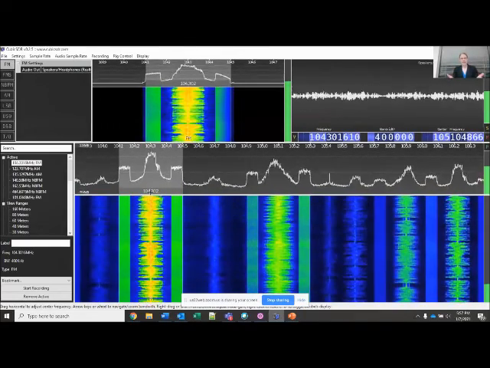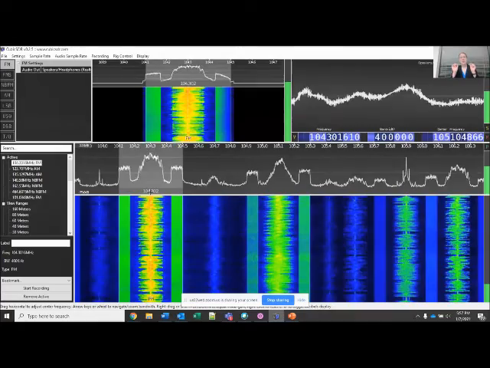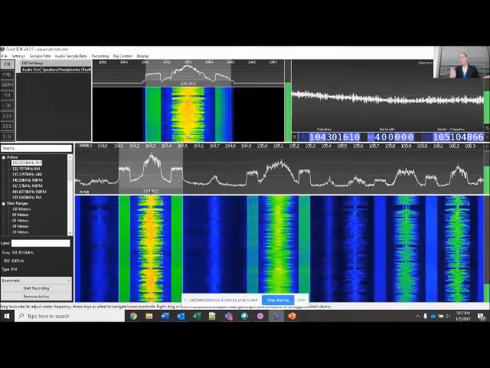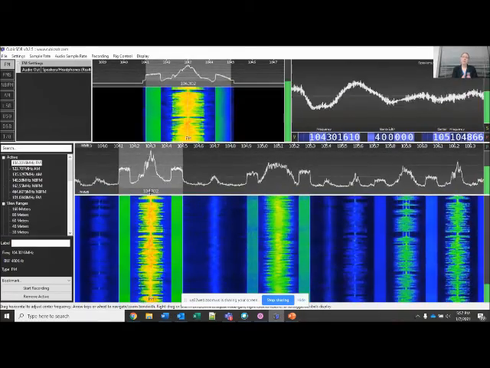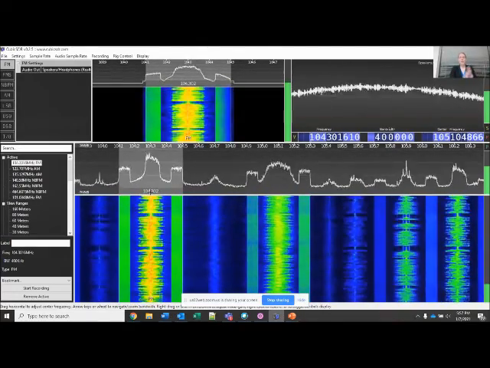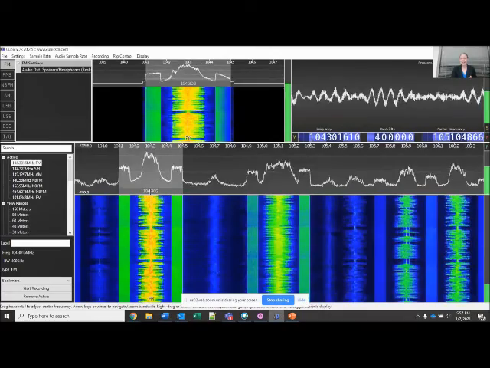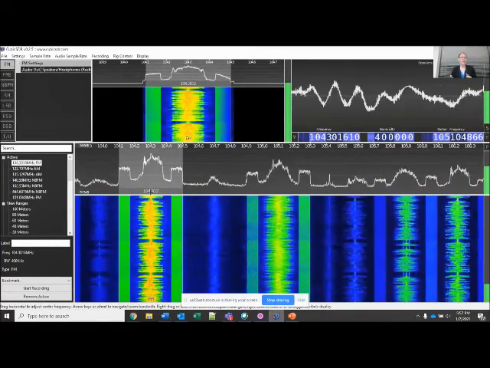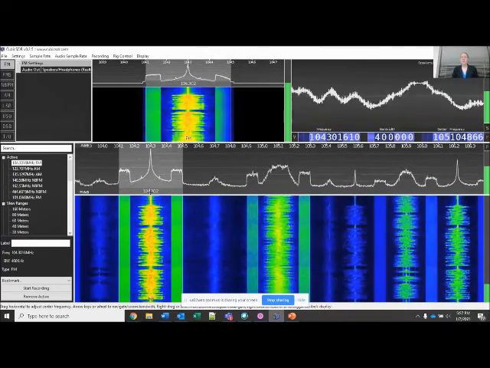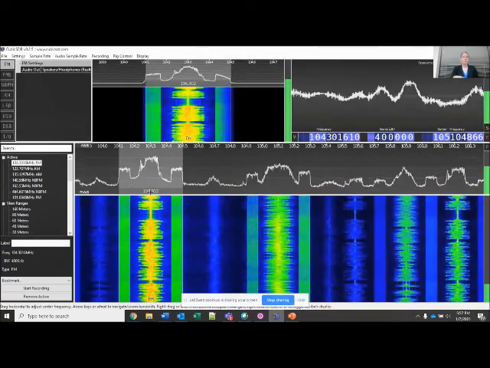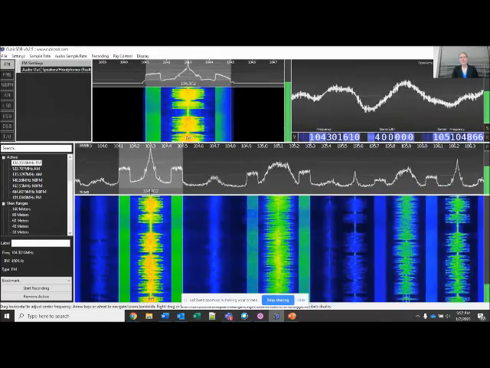Obviously the troubleshooting they did for ESD was perfect, but if it wasn't ESD, if it was something else in the environment, this could help you determine where you have a strong signal and what kind of signal it is. Is it persistent? Is it intermittent? Is it digital? Is it more analog? That's the kind of information that you can get from this kind of display and this kind of device.